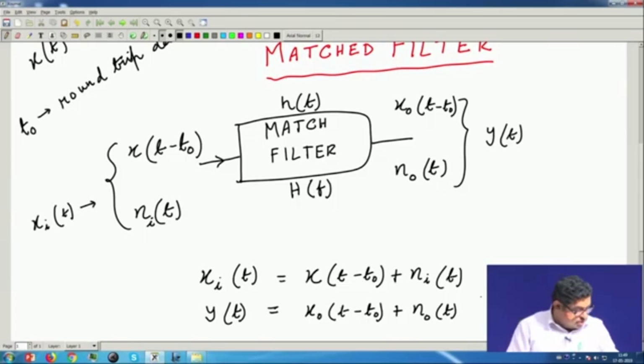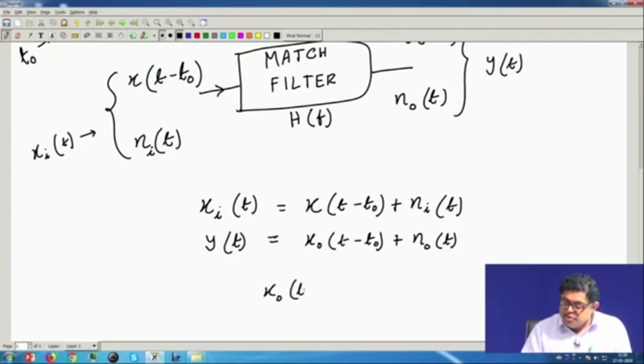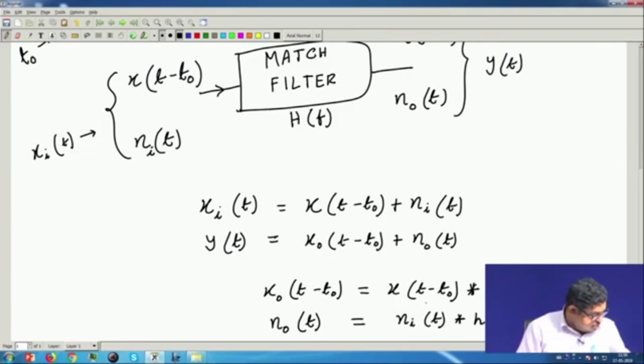Now, I know one thing, if the impulse response of the matched filter is h(t), then from our electronic circuit knowledge, the output x_o(t minus t0) is nothing but x(t minus t0) convolved with h(t), and also if I take that liberty that sample values will also be this correlation thing, I can say n_o(t) is n_i(t) convolved with h(t).